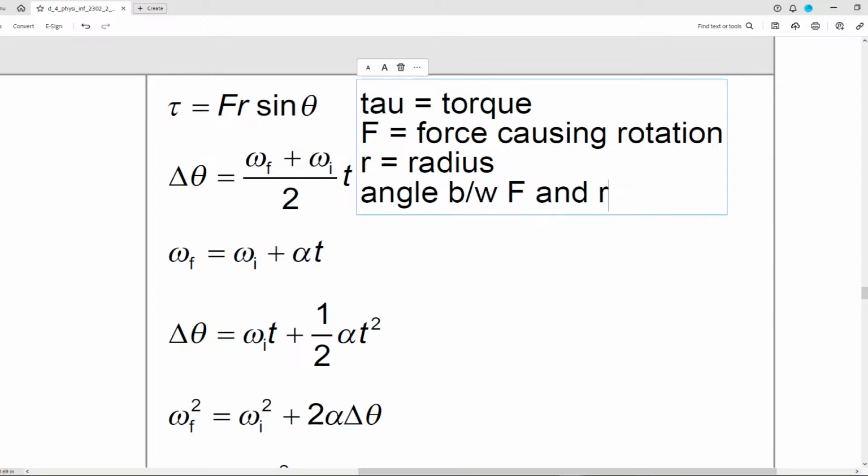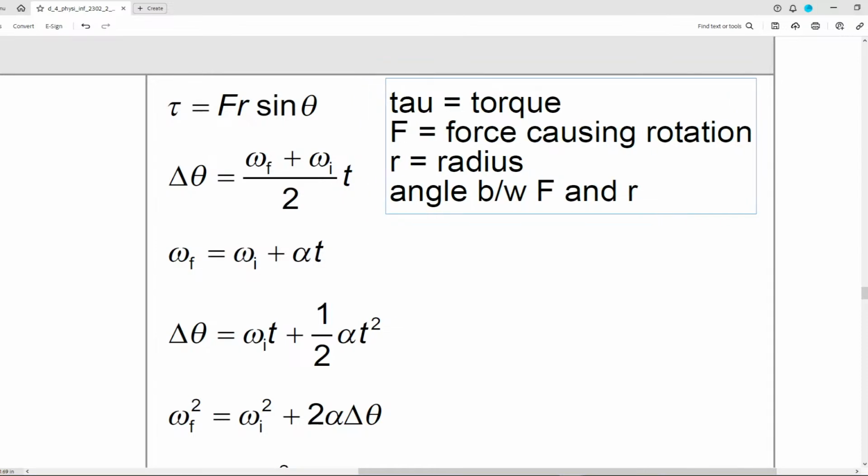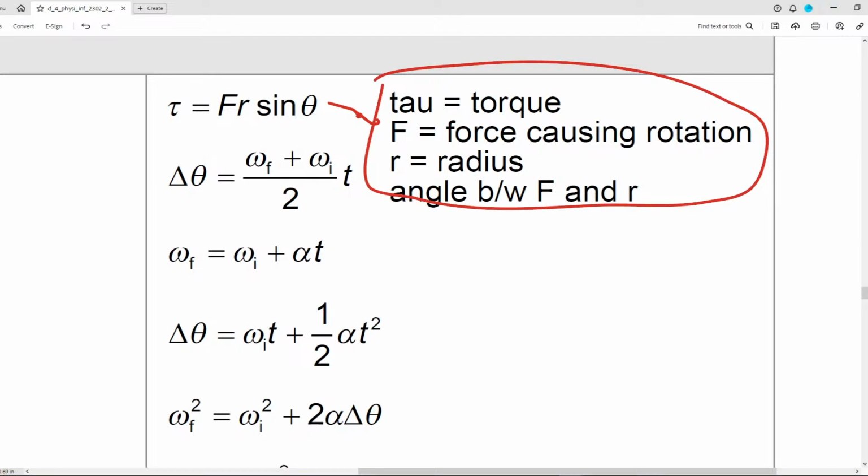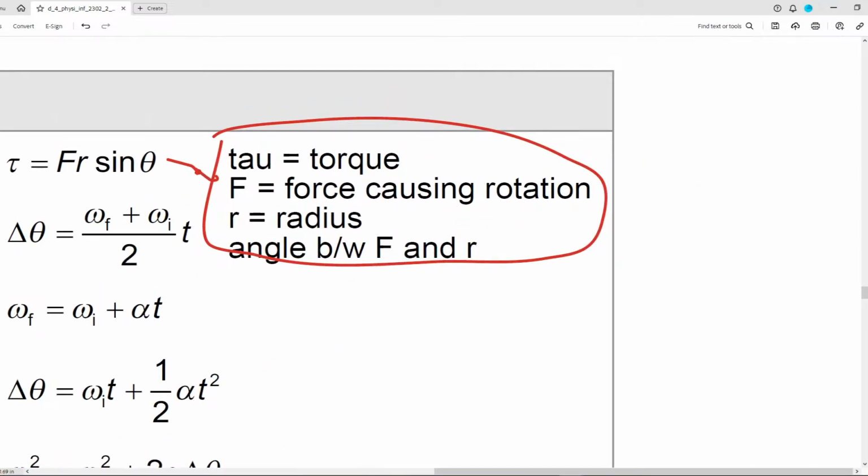So what I mean, let's say, I'm going to draw a picture here. Let's say there's an arm rotating around a central pivot, a stick rotating around this pivot. The force pushes on it like that.